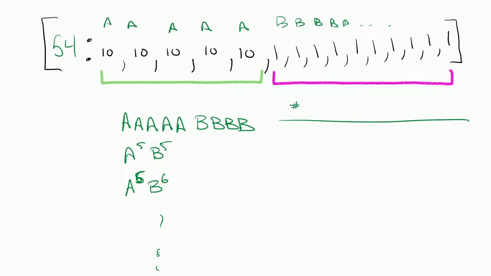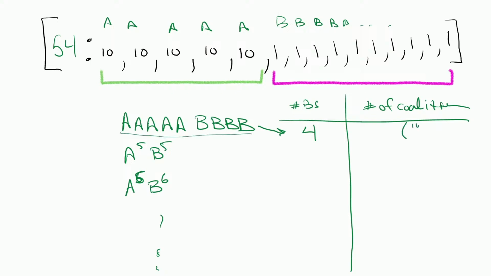The number of B's, and then the number of coalitions, because that's what really matters. So if you have 4 B's, how many coalitions does that represent? Well, you need to choose 4 of those 10 B's. So 10 choose 4. There are 10 choose 4 coalitions that look like this.